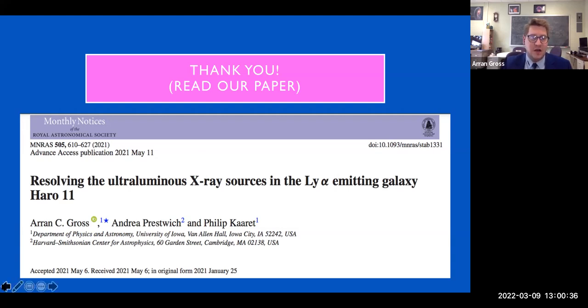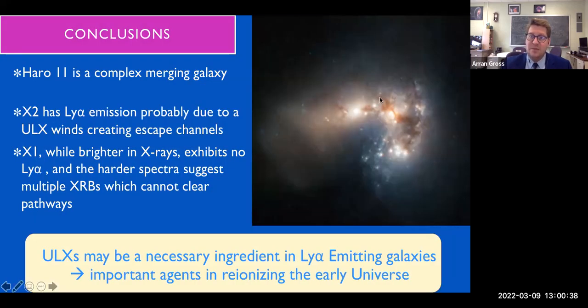That region of knot B with this dust lane, it's more enriched. But as far as whether it's a tried and true proxy for these Lyman break galaxies at high redshift, whether or not Haro 11 really is low metallicity enough to be a good comparison, that's something I kind of sweep under the rug.